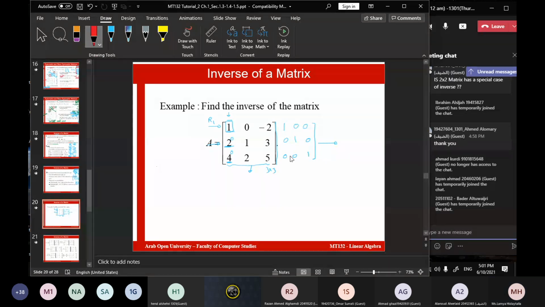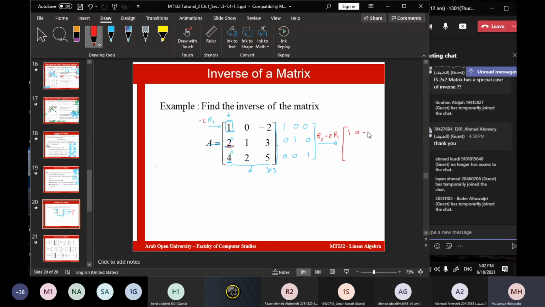What is the answer? Give me. How will I make this one 0? We multiply the first row times minus 2, correct? And then we add. So we change R2: R2 minus 2R1. Okay, so what is the matrix? It's going to be the first row as it is.